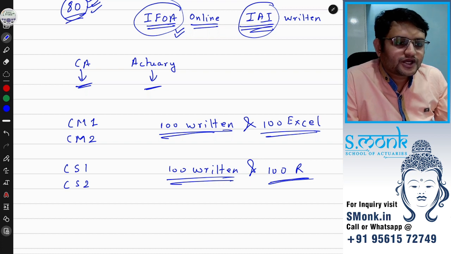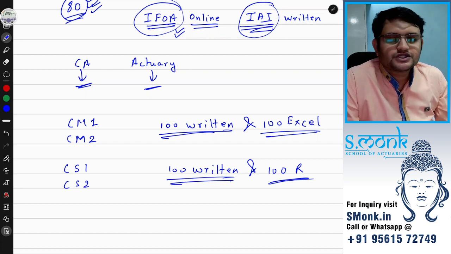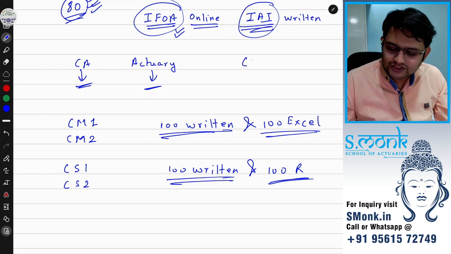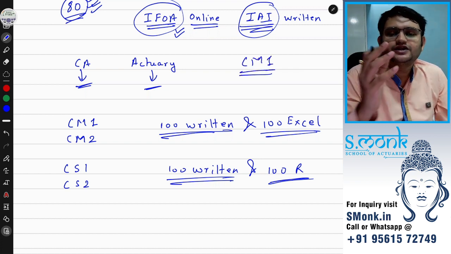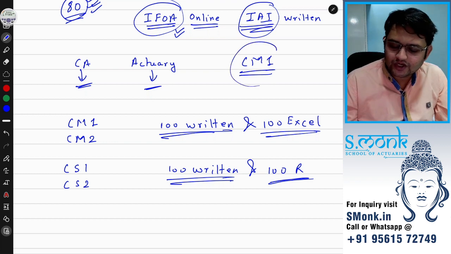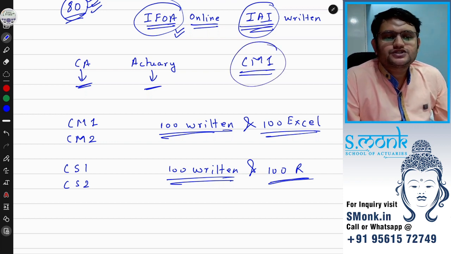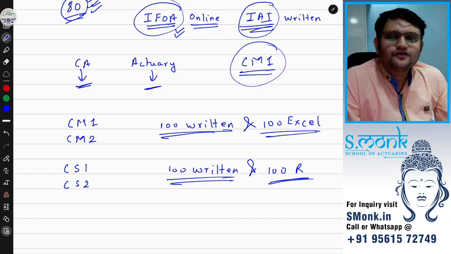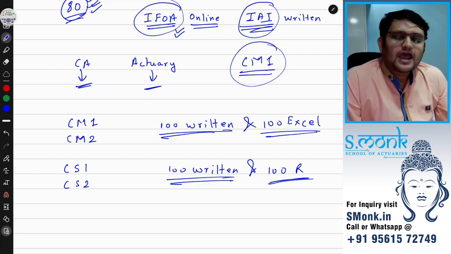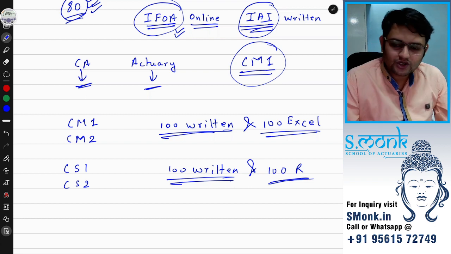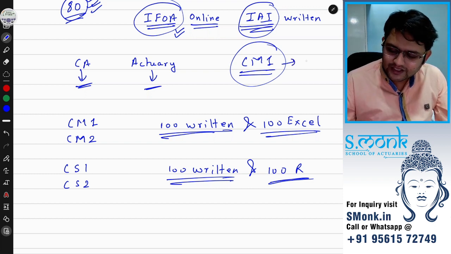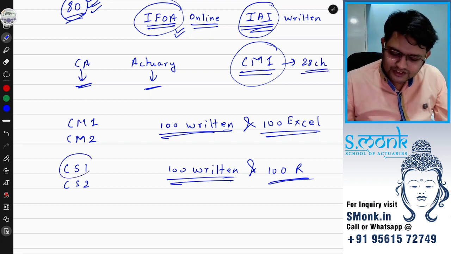Then which subject you suggest to start with, CM1 or CS1? I always suggest CM1 because this is closer to what you study in actuary. You will understand because we will be studying life insurance here. So this gives you an idea about what you would be working with in the future. And secondly, it's a lengthier subject compared to CS1 because CM1 has 28 chapters versus CS1 has 15 chapters.